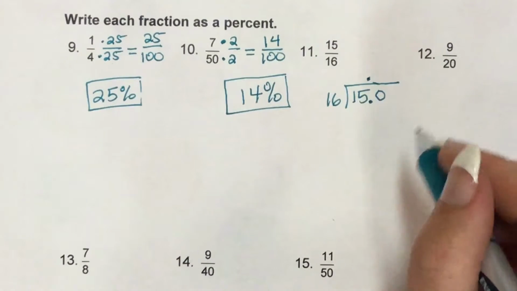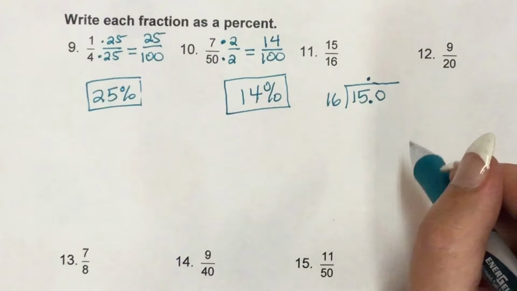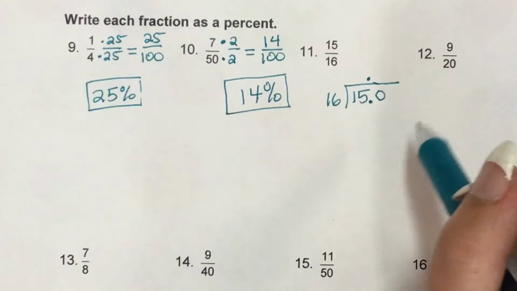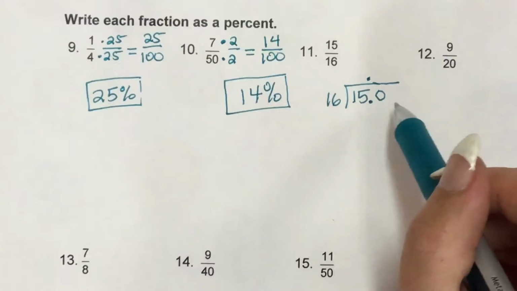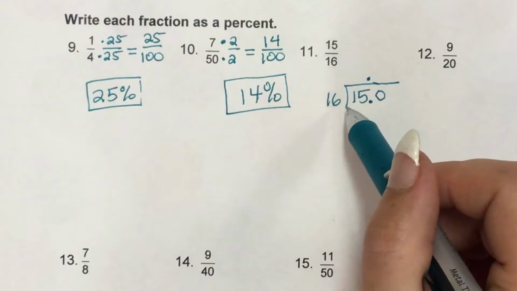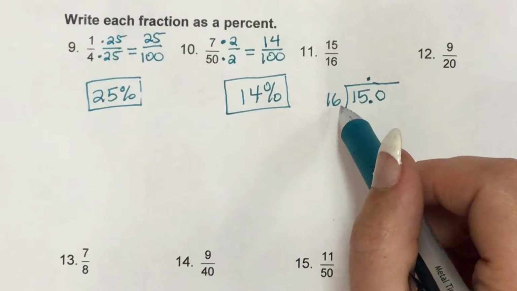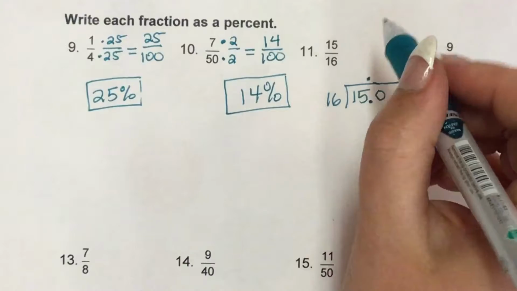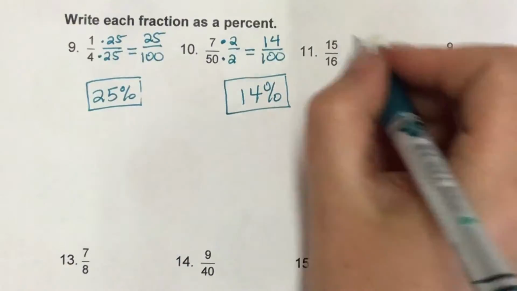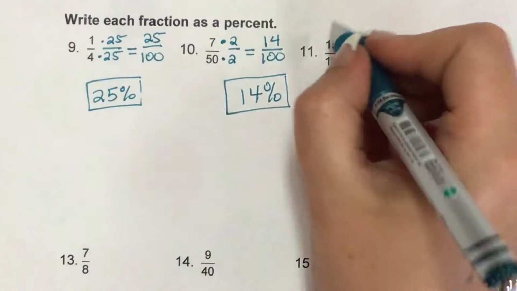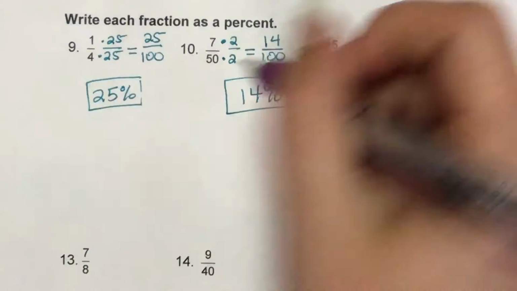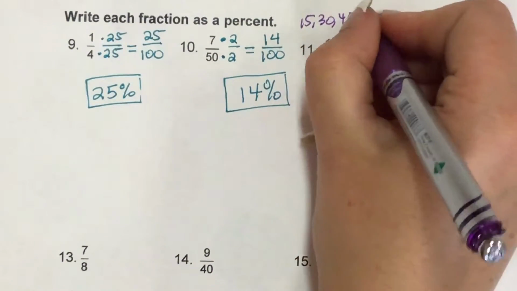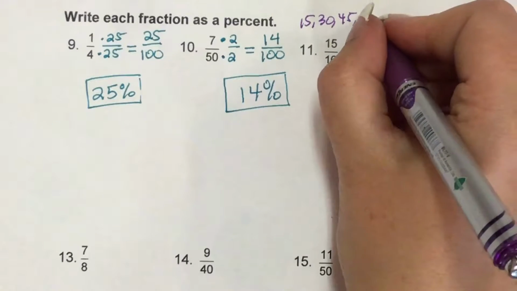Yes, it does. Now, I'm not exactly sure how many times. I think I'm going to think of 16 as 15. And if I count by 15s, because 16 is close to 15, I would go, let's see here, 15, 30, 45, what would it be then, 60?